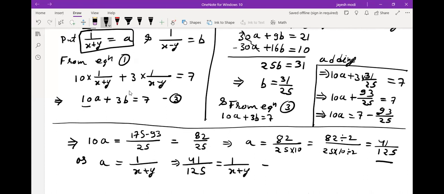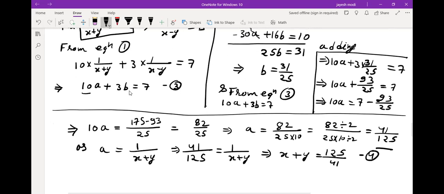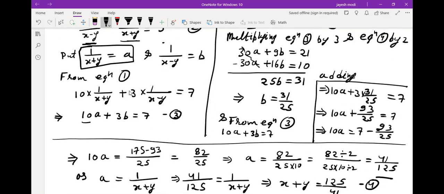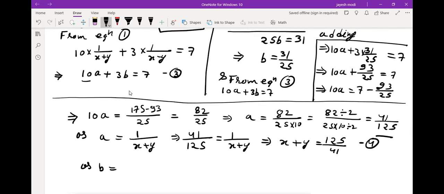So taking reciprocal both sides, we get X plus Y equals 125 upon 41, which is equation number 4. Okay. And B we have taken as what? 1 upon X minus Y.